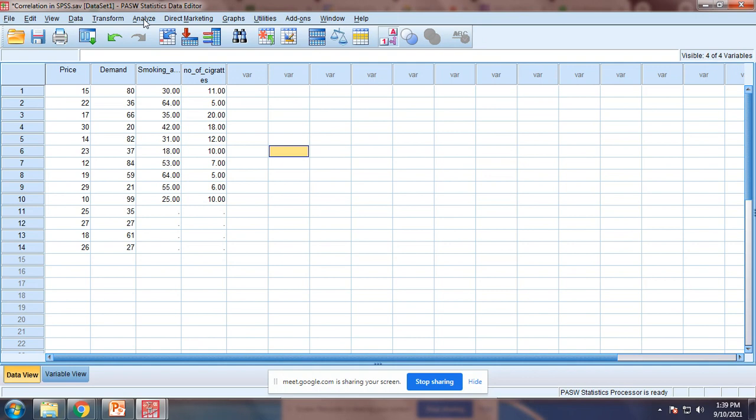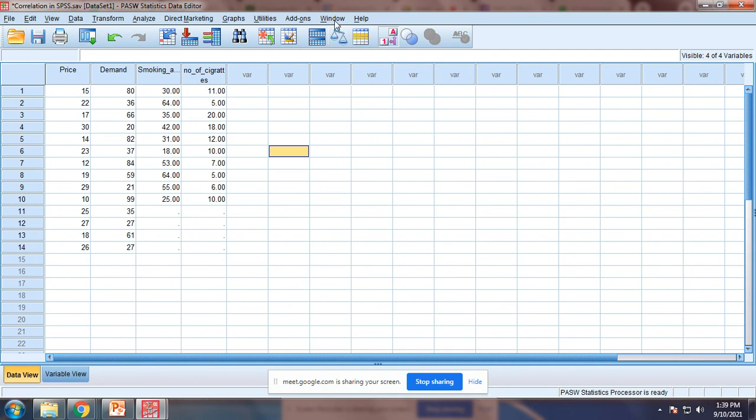For running your analysis, the first thing you have to do for correlation is plot the scatter plot. Anyone remember where you can find scatter plot among these tabs?